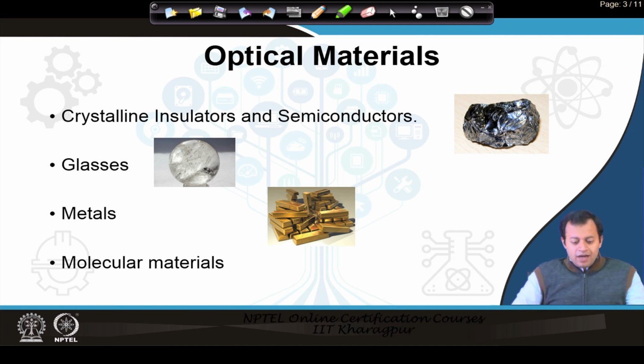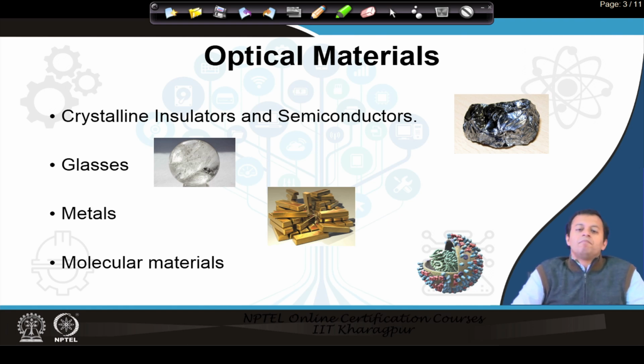So, this is my gold, and finally, we have molecular materials. Any material can be considered as a molecular material, but here we mean a complex molecular material. Various different types of atoms are combining together. Semiconductors and glasses usually have one or two different types of atoms, and so do metals.